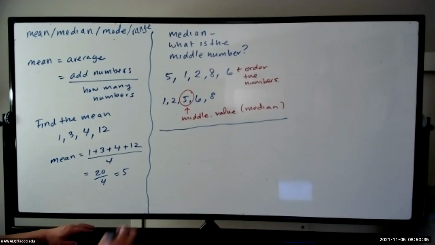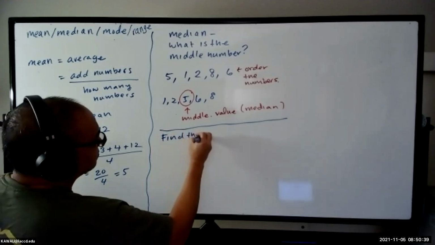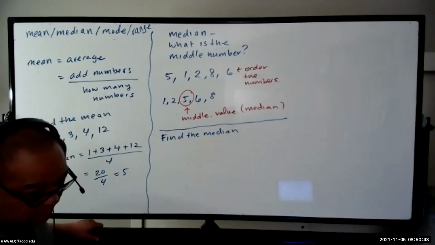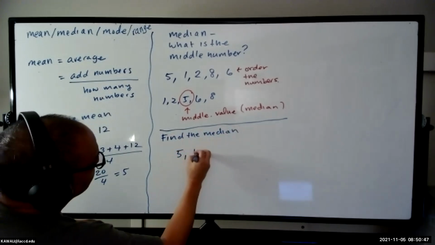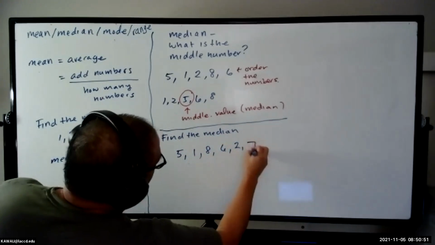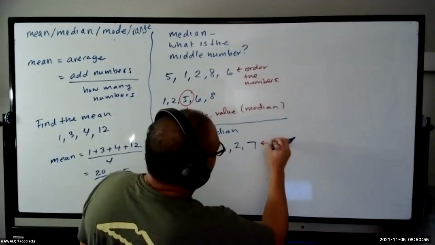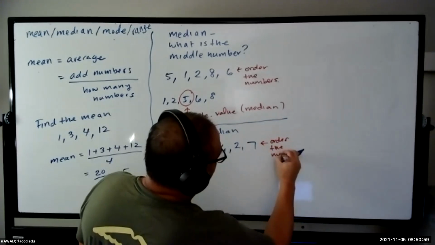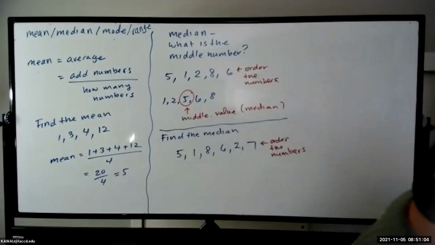Okay, so let me go find the median. And then we have, let's go 5, 1, 8, 6, 2, 7. Okay, so first order the numbers. So go ahead and order the numbers.